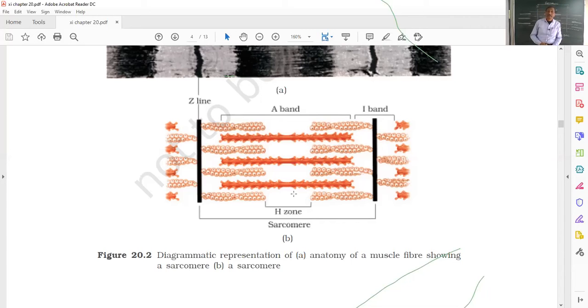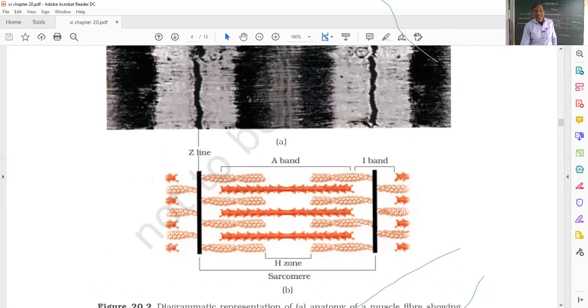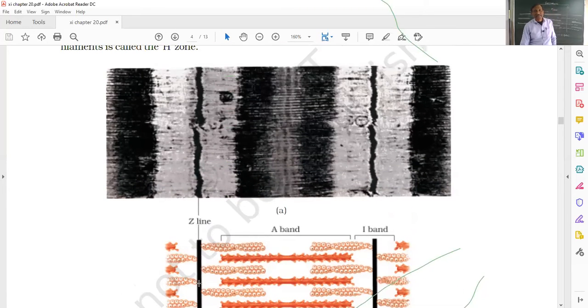Okay, so I think it is clear to you how the actin and myosin fibers are arranged. The Z line is holding the actin fibers together. The actin fibers are thin, whereas the myosin fibers are thick. Myosin fibers are arranged between the actin fibers.